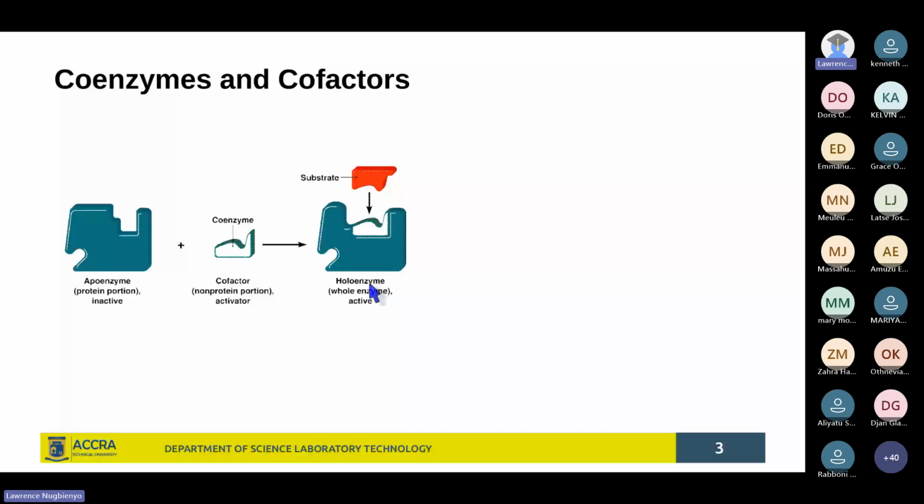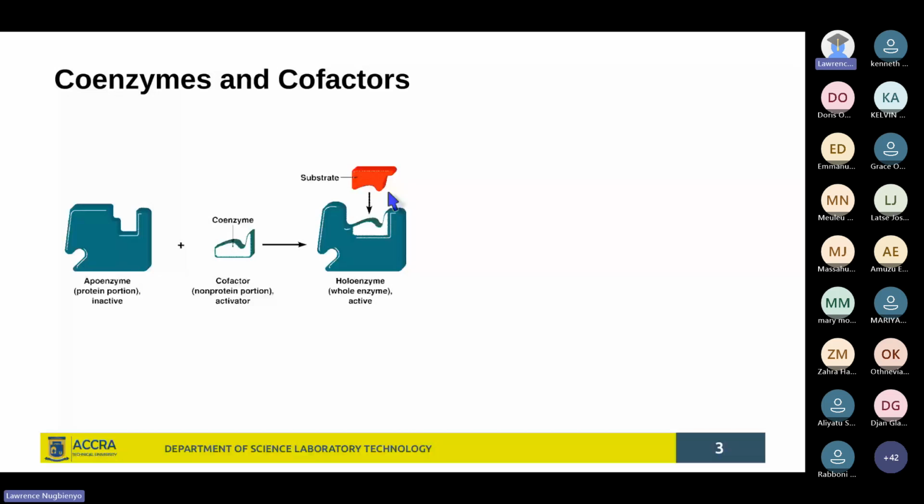There's a coenzyme written here, but here, becoming red, it is shown as a substrate, and that shouldn't be a substrate. It's a coenzyme or a cofactor that binds to the enzyme to make it active before a substrate can bind in there, and the reaction can be catalyzed by the enzyme.